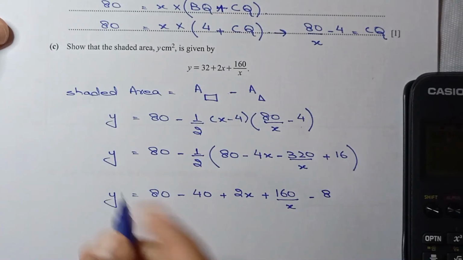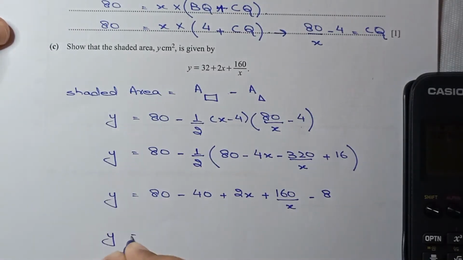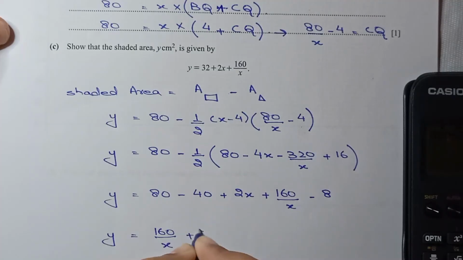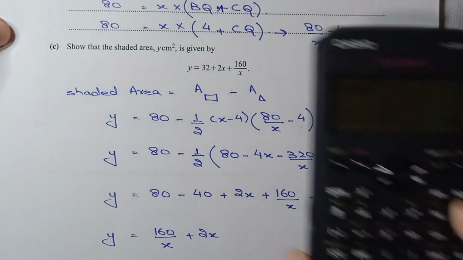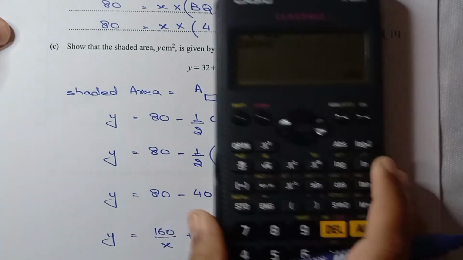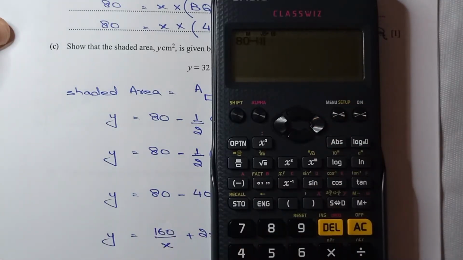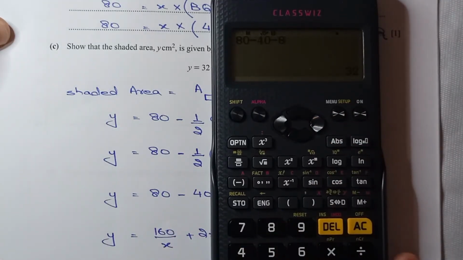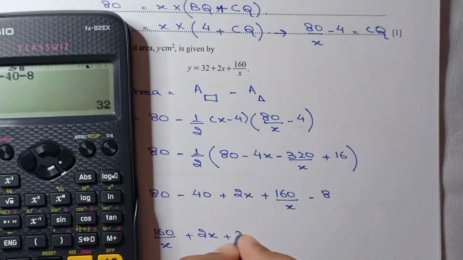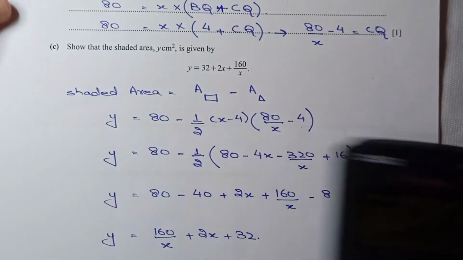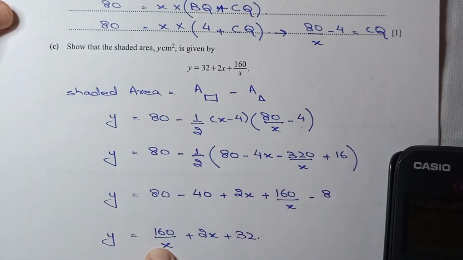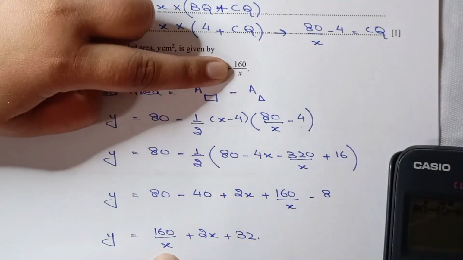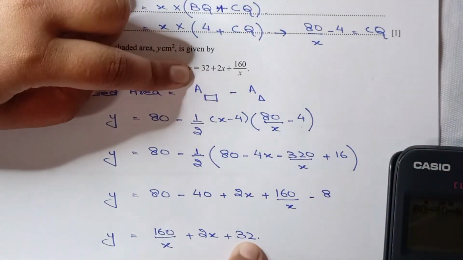Yes. Now for further simplification, y would be equal to 160 over x plus 2x. And what about this? 80 minus 40 and minus 8. 80 minus 40 minus 8 is 32.